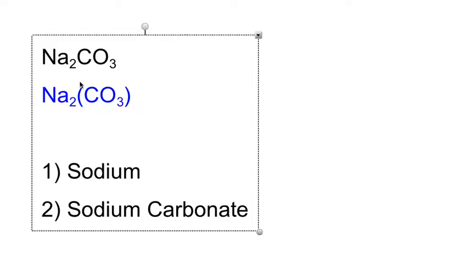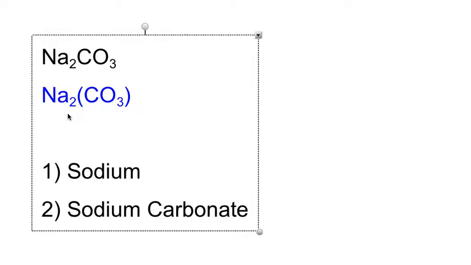This will help later on when we get into more complex stuff, but for now, until you feel really super comfortable with doing this, put parentheses around it to help separate out what a polyatomic ion is. Technically, if there's only one polyatomic ion, you do not need any parentheses like the one shown in black. But I want you to do the one in blue for now.